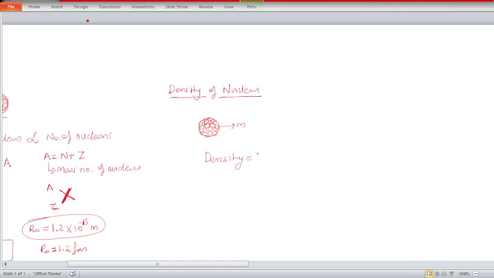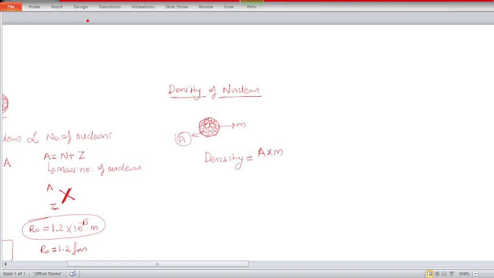Density is nothing but mass per volume. So the total mass of the nucleus is the total number of nucleons inside the nucleus, that is A, the mass number, times the mass of each nucleon, that is m.